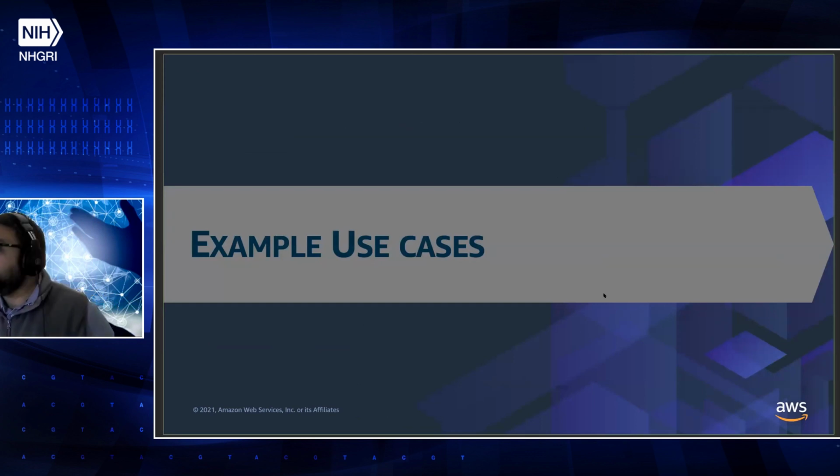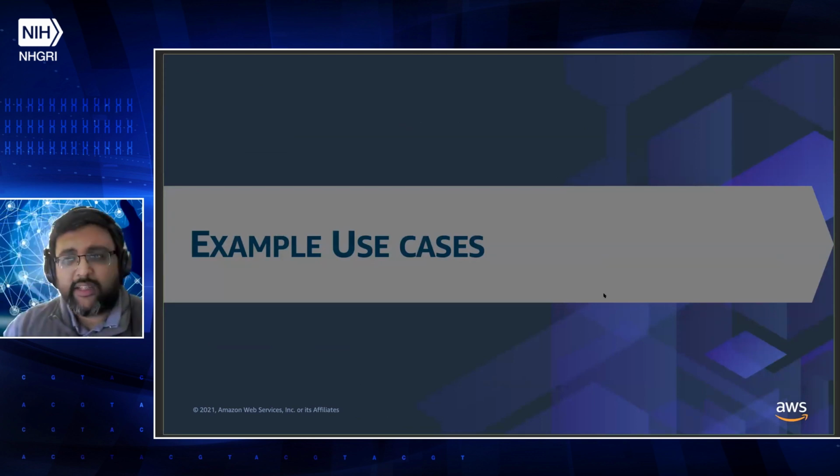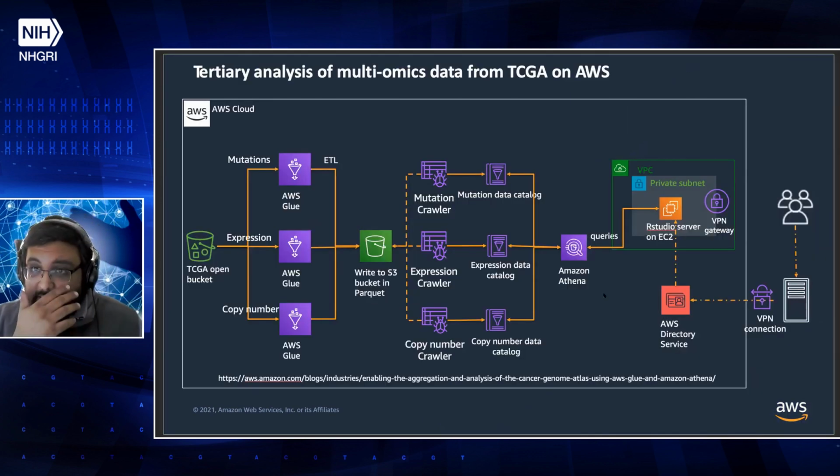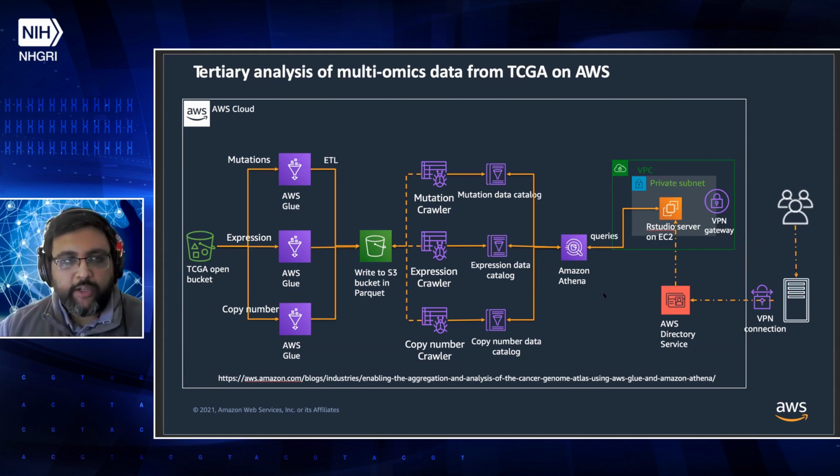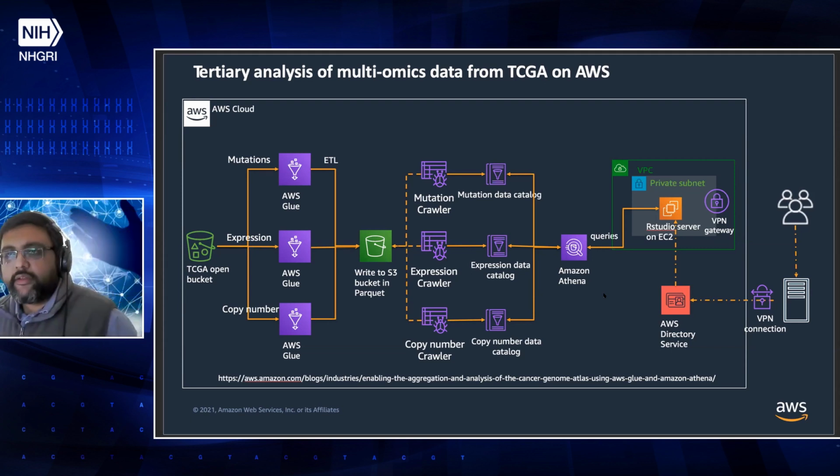So let's get into some use cases. I think I'm ahead of time. I might be rushing too fast. This is one example of a blog that one of our subject matter experts published recently, which talks about how you can do tertiary analysis of multiomics data, in this particular case from the Cancer Genome Atlas, on AWS.